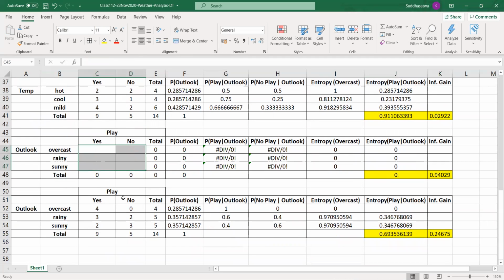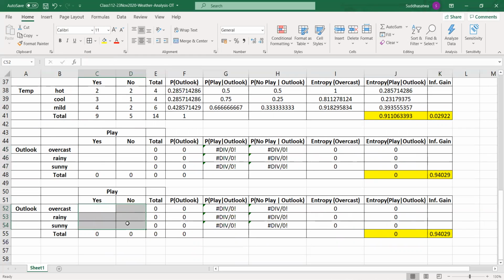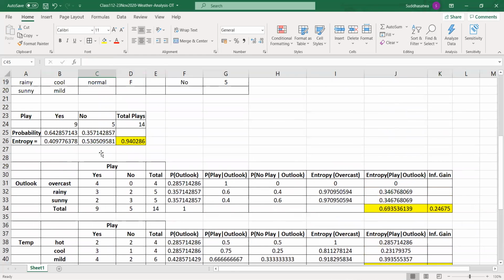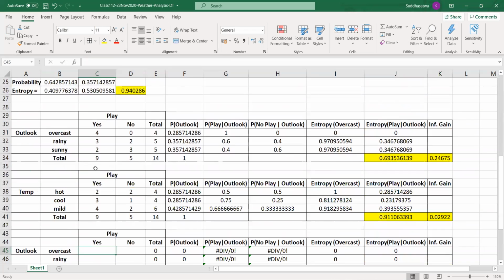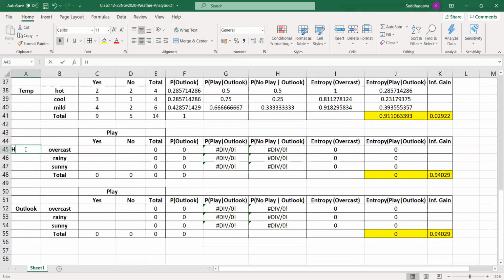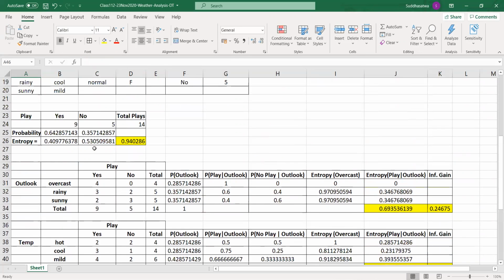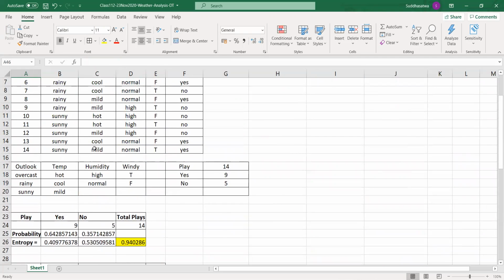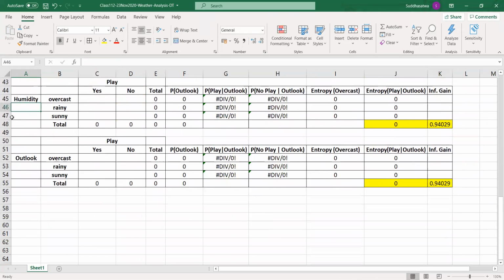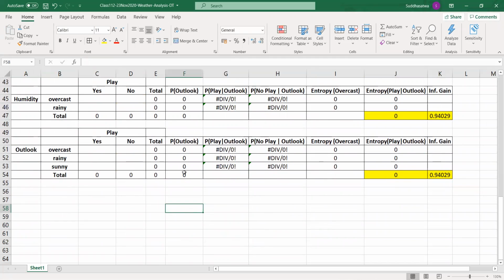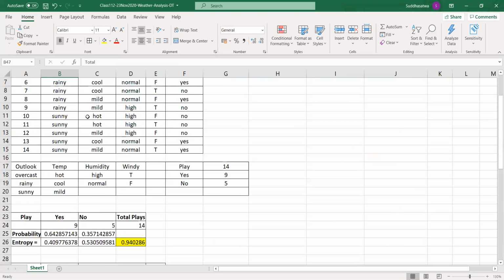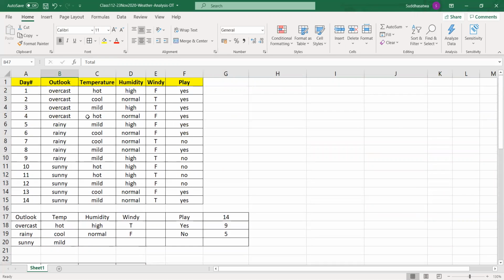Again, let's do the same thing over here. The third feature is humidity. Humidity has two values, high and normal. So let me delete this. How many are there in high?